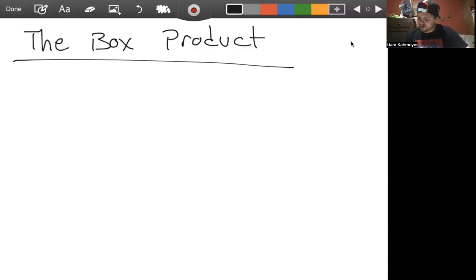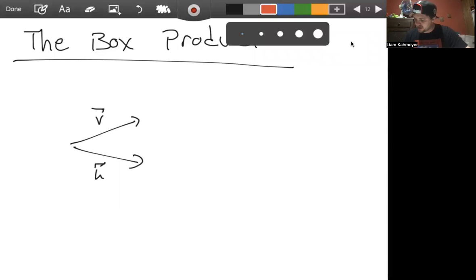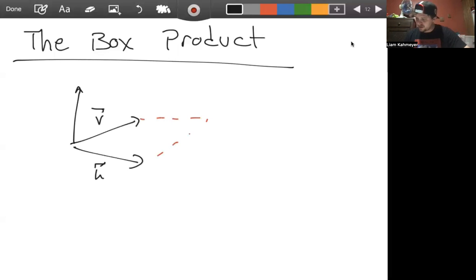Okay, so let's say we have two vectors, u and v, and we know how to calculate the area of the parallelogram spanned by u and v. But now let's extend this to a third dimension, right? This is living inside R3. And so let's see if we can extend our applications to the maximum dimension here.